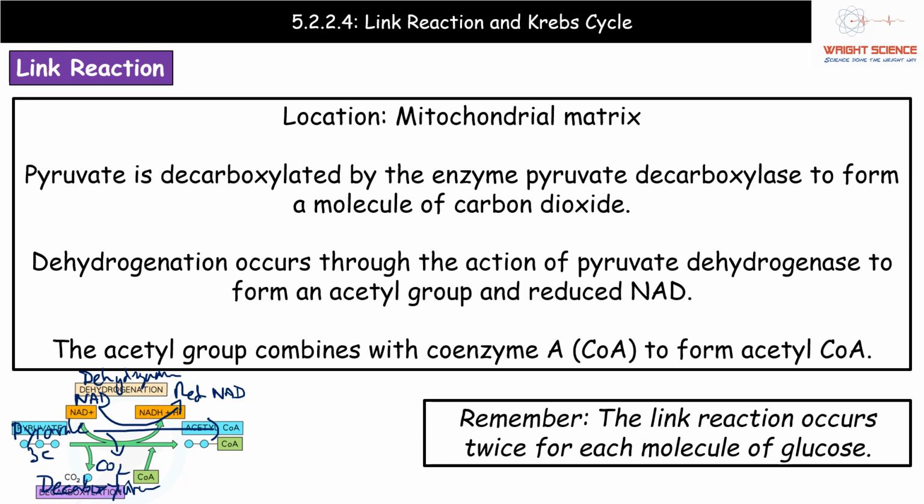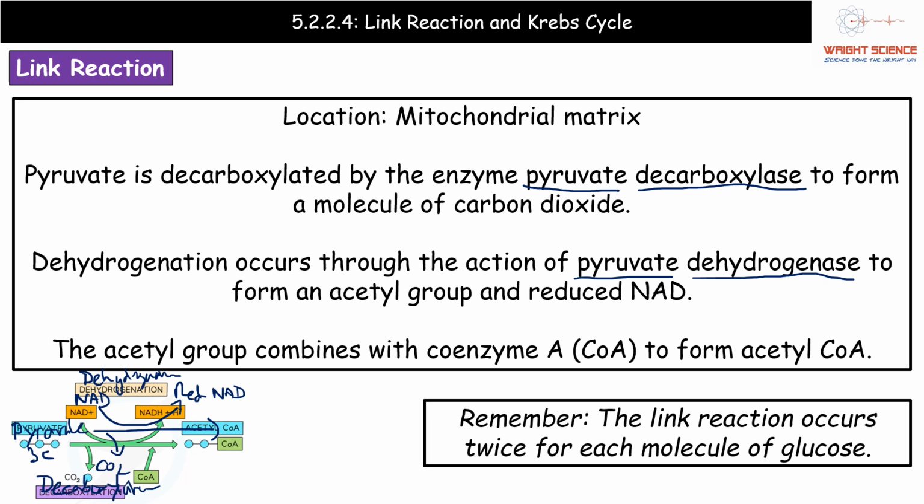Now, each of those does require a specific enzyme, and what we find is the decarboxylation is going to be pyruvate decarboxylase. So decarboxylase because it's an enzyme that is carrying out decarboxylation, and it's doing it to pyruvate. The dehydrogenation is going to be pyruvate dehydrogenase, because it's happening to pyruvate, the enzyme that is dehydrogenating.